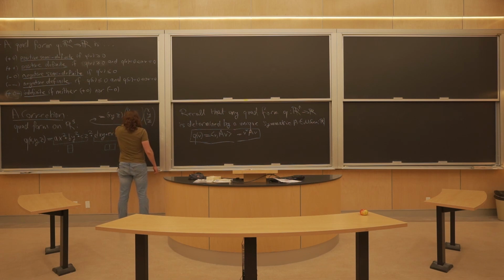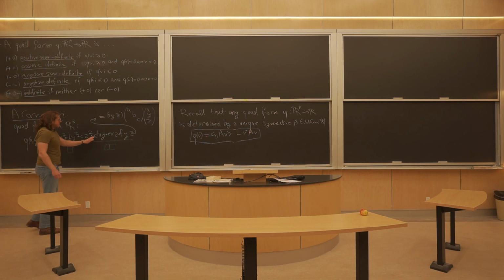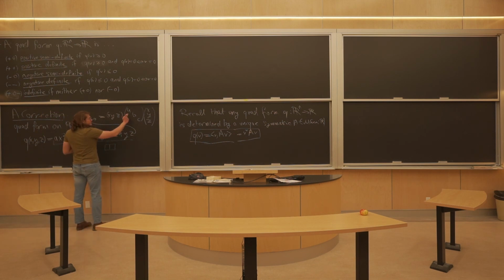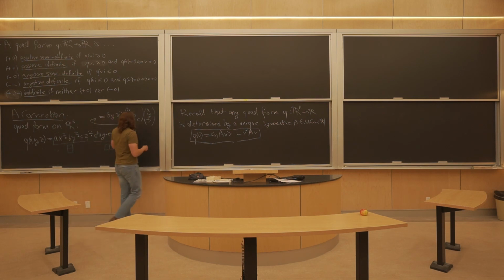Here A, B, C I put, and these are coming from the diagonals, and here are the mixed terms. But because this and this are going to be the same, I'm going to have to put half. So xz is e over 2 here, e over 2 here, and then f over 2 here, f over 2 here.